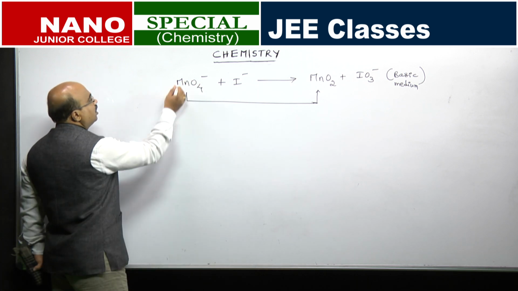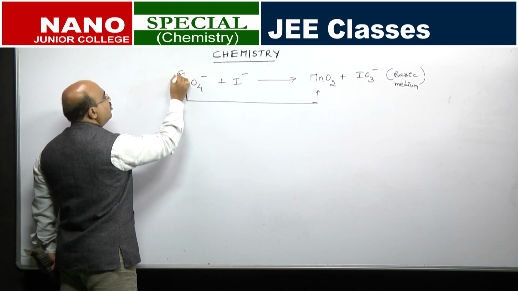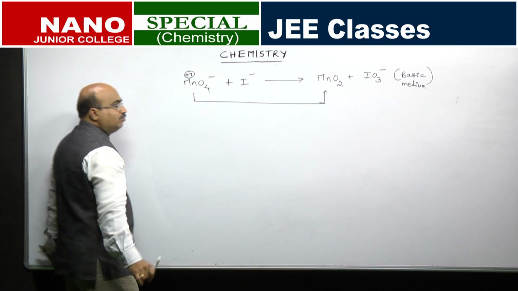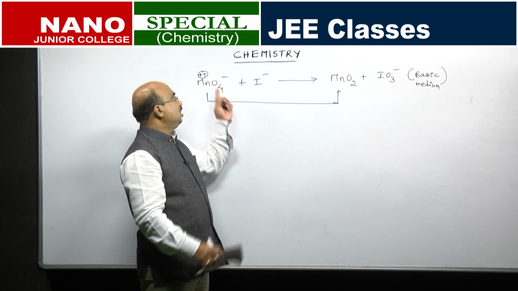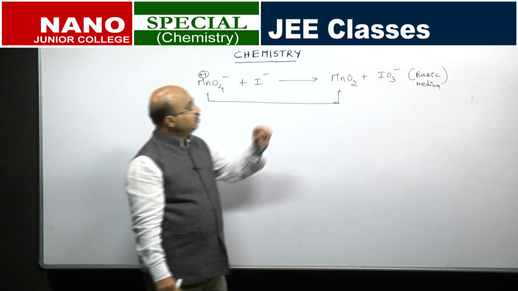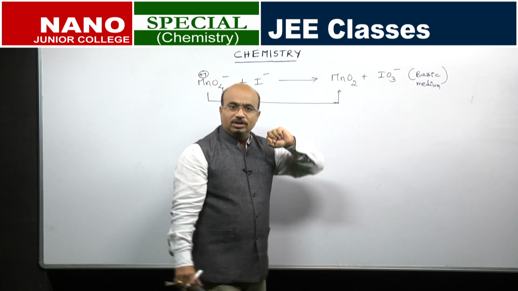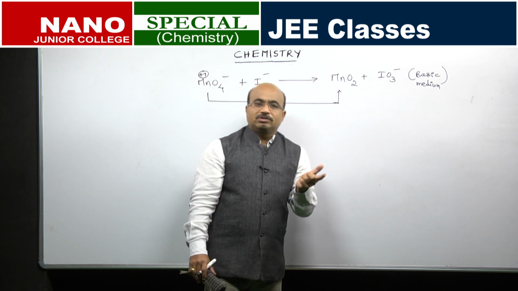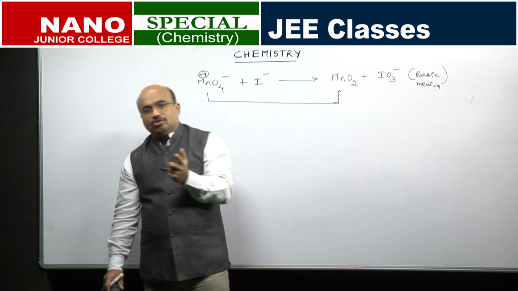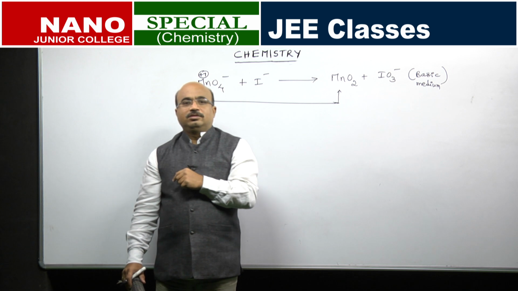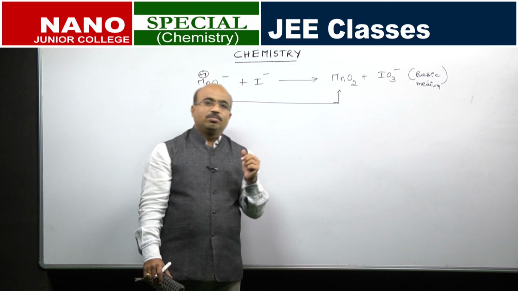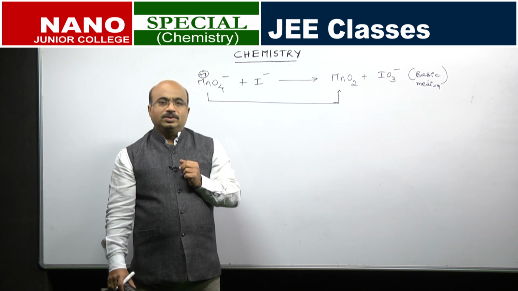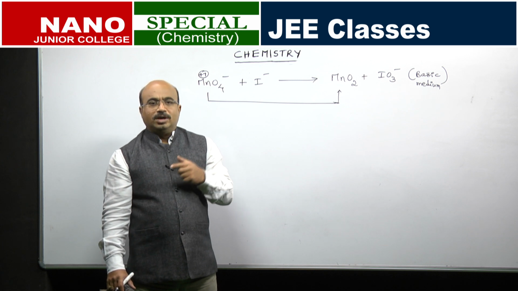So, what is the oxidation state of manganese here? Plus 7, oxygen minus 2. So, oxygen here is minus 2, oxygen here is also minus 2, oxygen here is also minus 2, because there is no peroxide, no superoxide, and no oxygen fluorine compound. So, it is always minus 2.